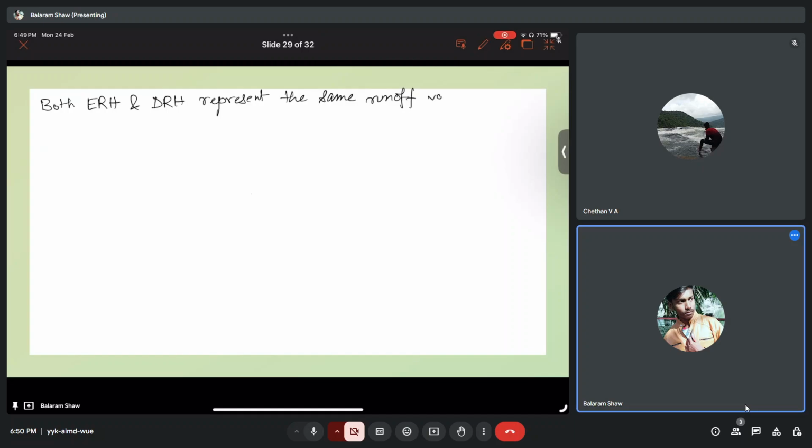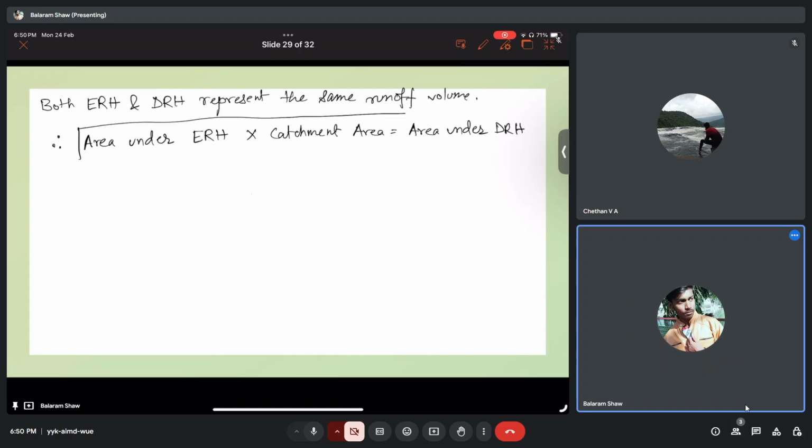Therefore we can write that the area under the effective rainfall hydrograph multiplied by the catchment area will equal the area under the direct runoff hydrograph. This one will help you a lot. So with this we move to unit hydrograph.